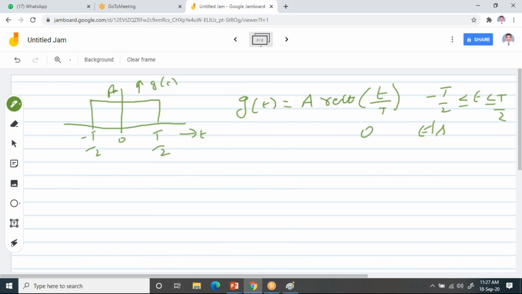Please try to understand how I have written this equation. Rect t/T is nothing but the rectangular function, and t is in the time domain. The function is in the time domain. That's why I use small t. And here I have capital T.